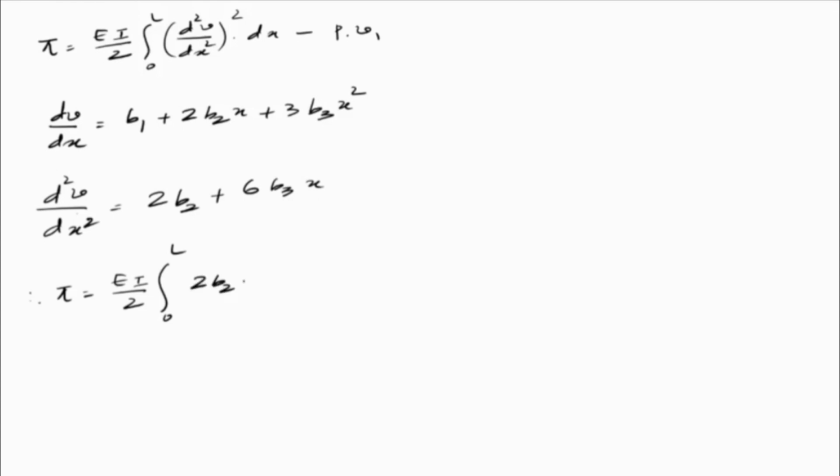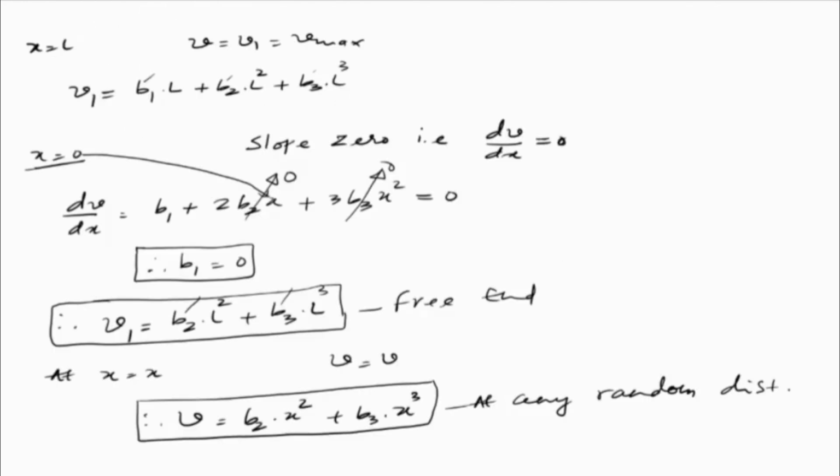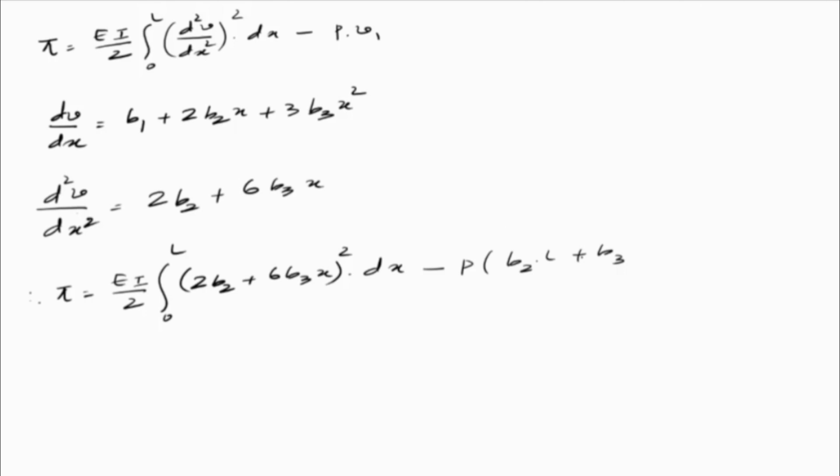It is 2B2 plus 6B3x whole square into dx, minus P into what is V1? V1 is B2 into L square plus B3 into L cube. So that I am substituting.